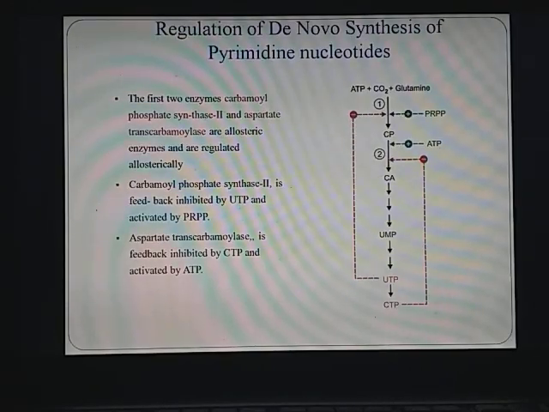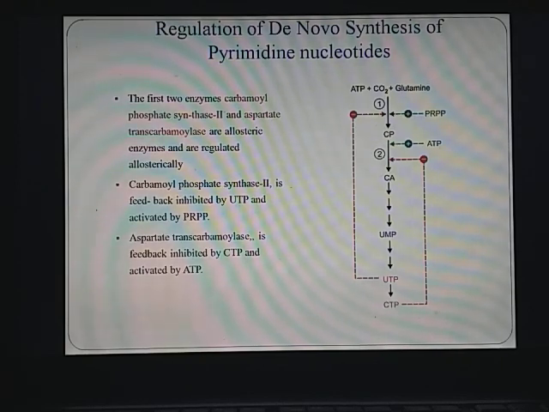Then regulation of de novo synthesis of pyrimidine nucleotides. The first two enzymes, carbamoyl phosphate synthase 2 and aspartate transcarbamylase, are allosteric enzymes and are regulated allosterically. Carbamoyl phosphate synthase 2 is feedback inhibited by UTP and is activated by phosphoribosyl pyrophosphate.